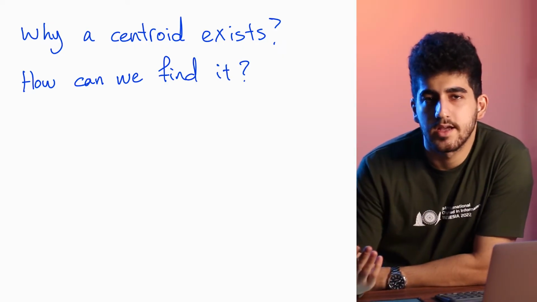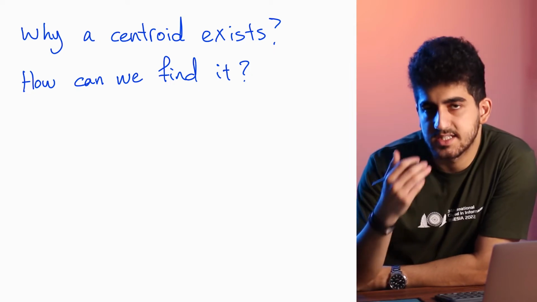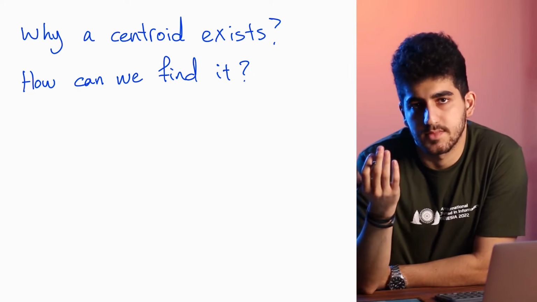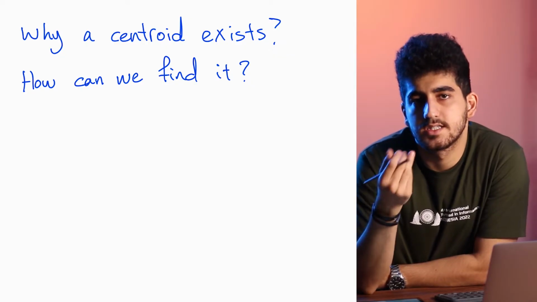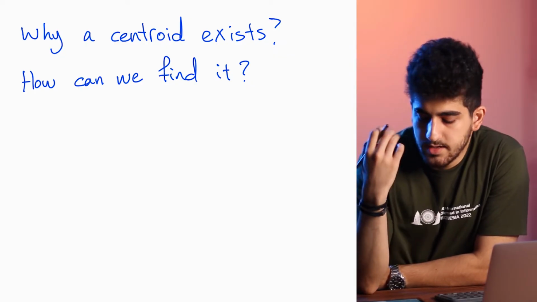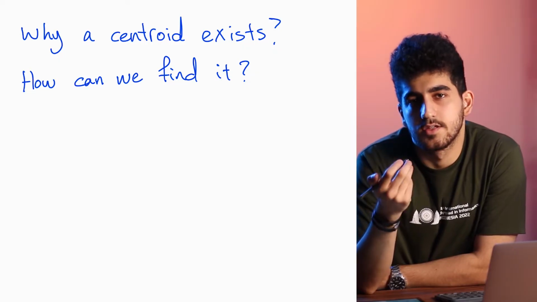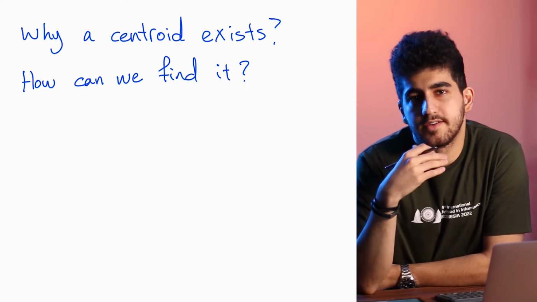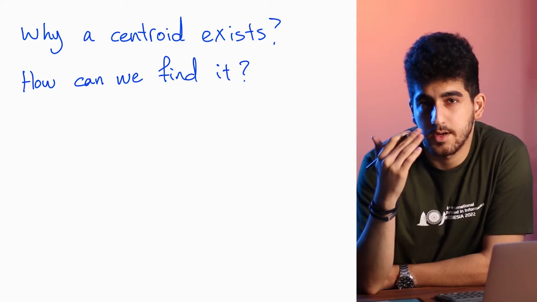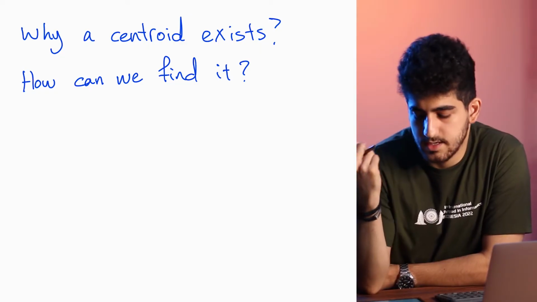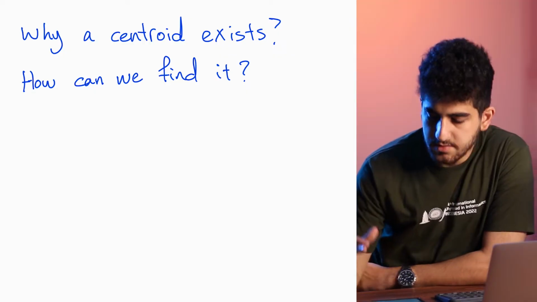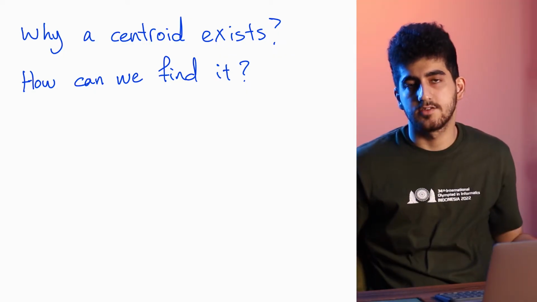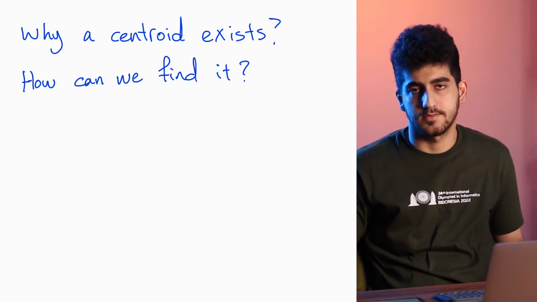And also there are other questions, like how many Centroids can we have in a tree at most? And are there any other definitions for Centroid? I will talk about them in another video that I will link to this video, because I don't want to make this video very long. But let's talk first about why a Centroid exists and how we can find it.